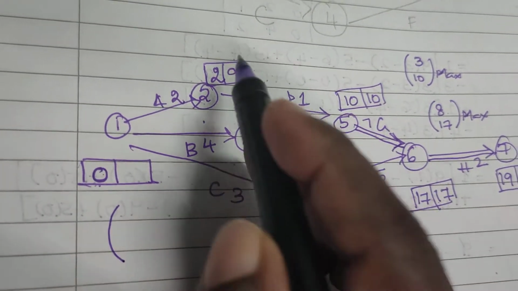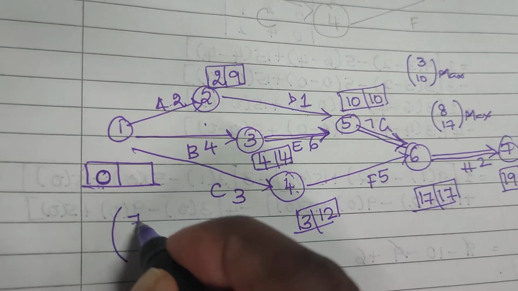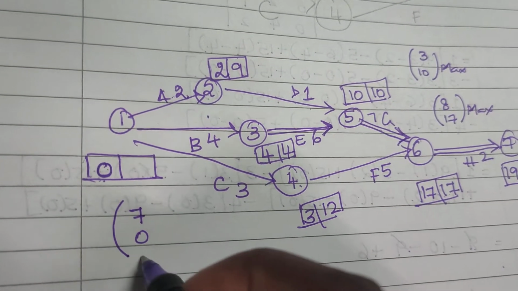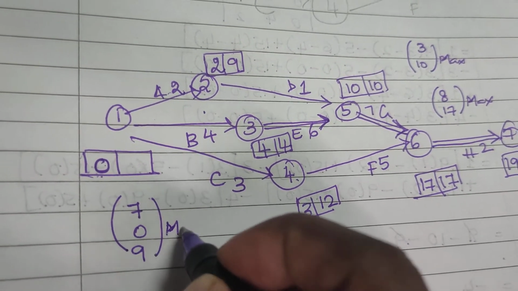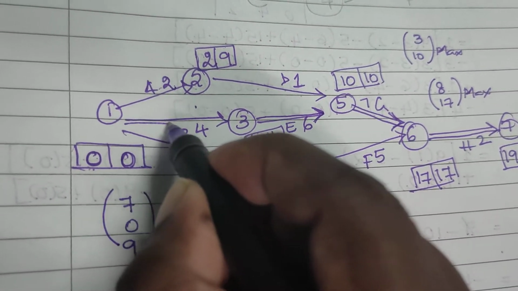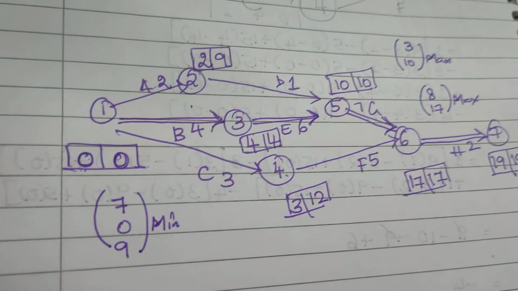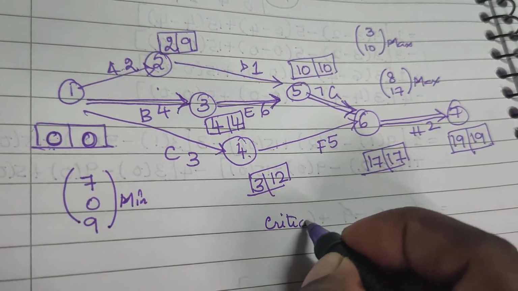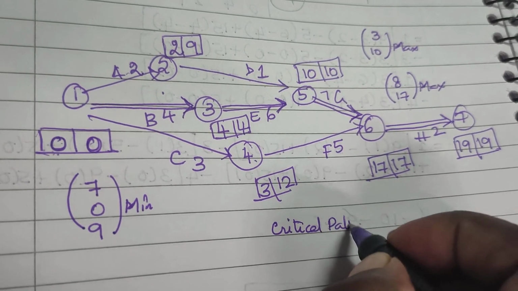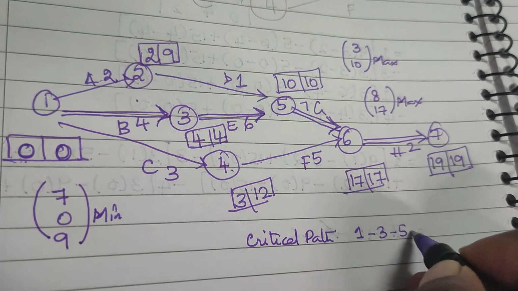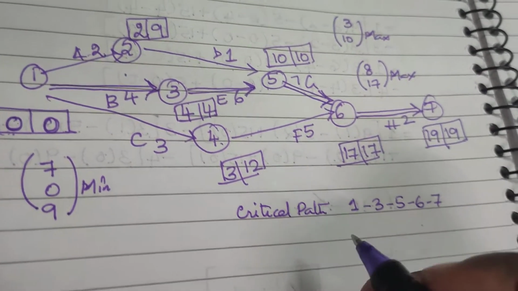The last one, 1, we have 3 choices. Choices are 9 minus 2, 7. 4 minus 4, 0. 12 minus 3, 9. Minimum of this is 0. And so this one gets my vote. So here you have a critical path, which is 1 to 3 to 5 to 6 to 7.